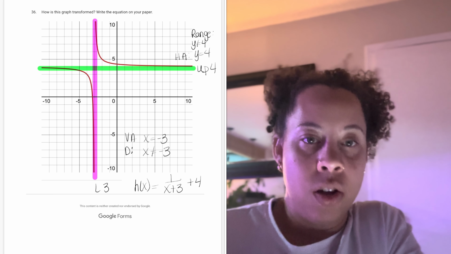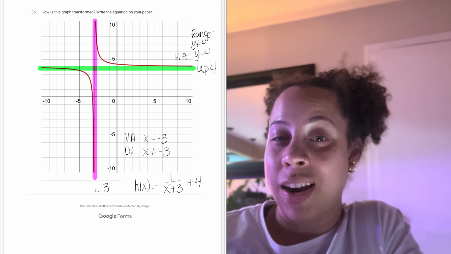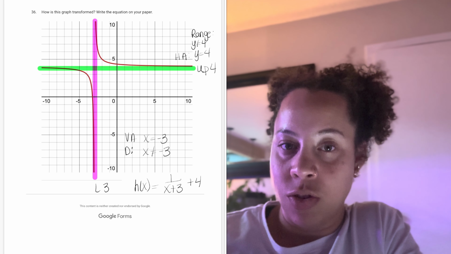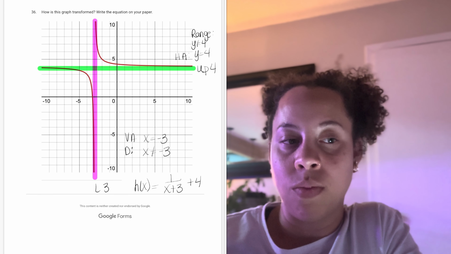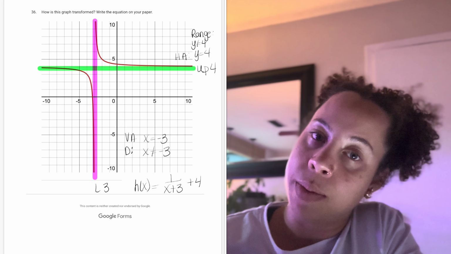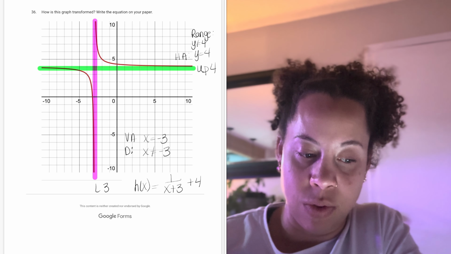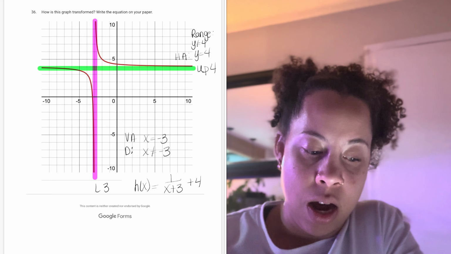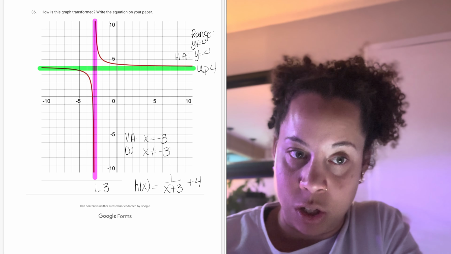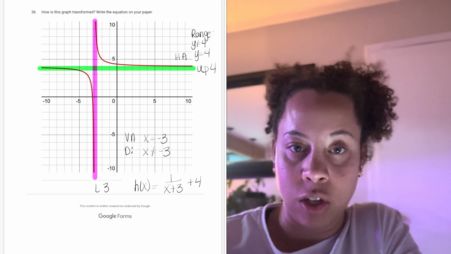Okay? So we find domain and range. We can find x-intercepts by analyzing graphs for zeros. We could find the y-intercepts by looking at the table at x equals 0 and seeing what the y value is. We're going to do lots of transformations, so just make sure you understand transformations.